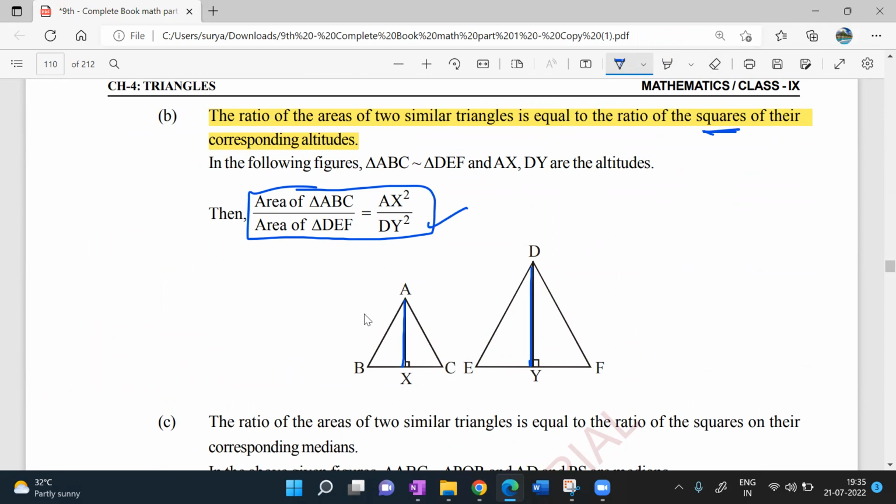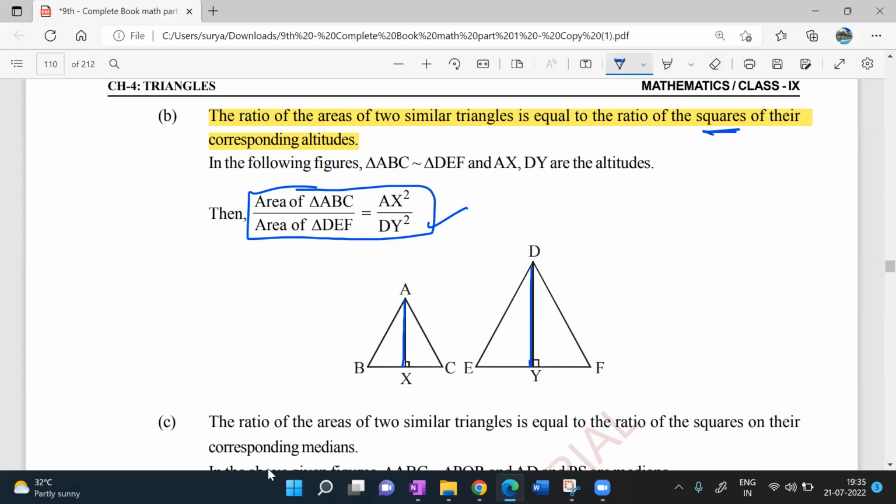Getting my point? Any doubts? It's any altitude, right? For example, from A to BC I'm drawing an altitude, from C to AB I'm drawing an altitude. Any one is fine, not two corresponding. He's not mentioning any two here.